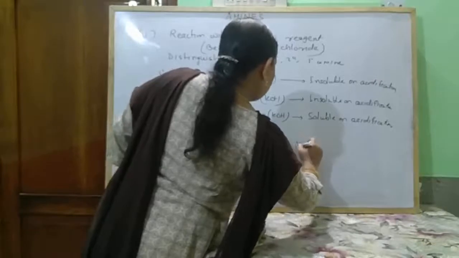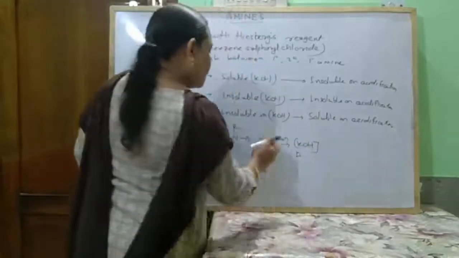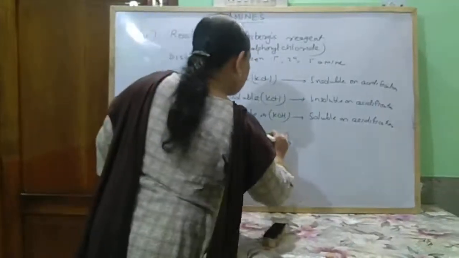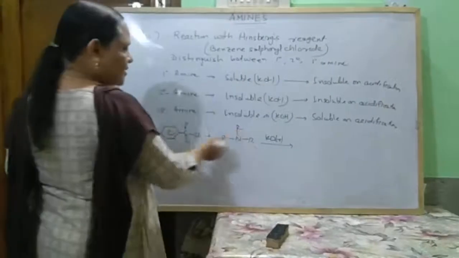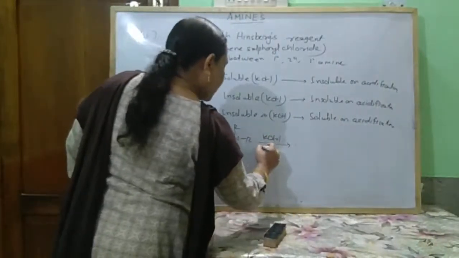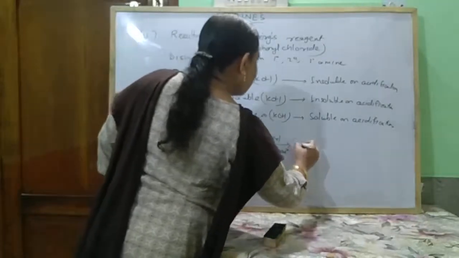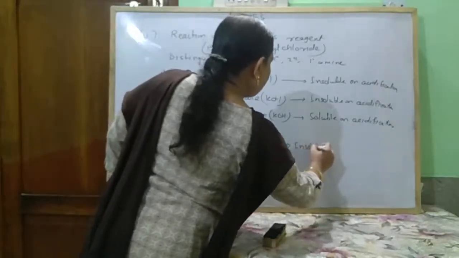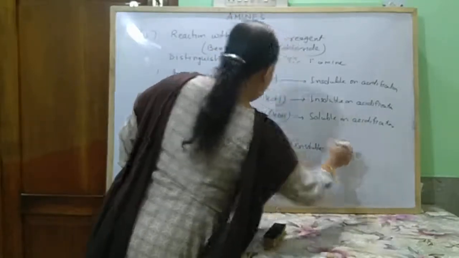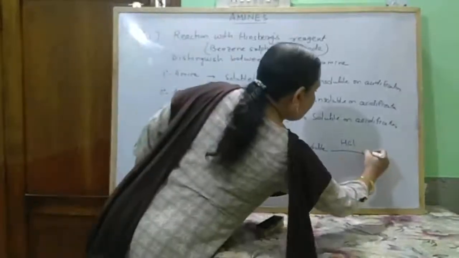So when treated with KOH, potassium hydroxide first is treated and made alkaline, then no reaction. In this way, this is insoluble. But when this is treated with HCl, this amine reacts with HCl to form salt.